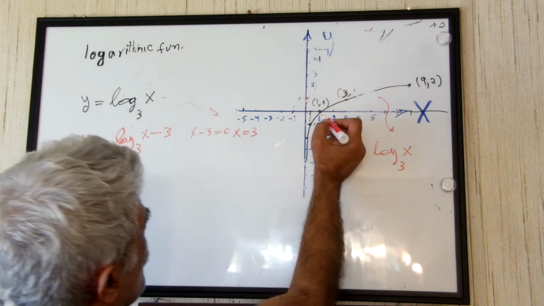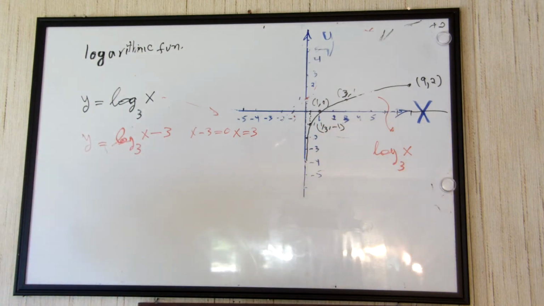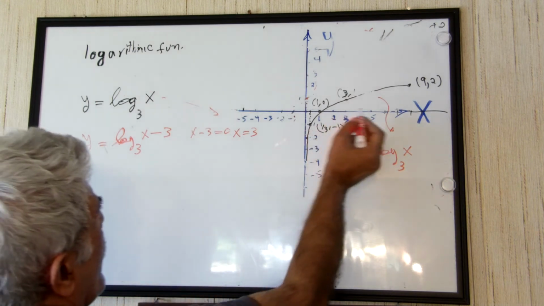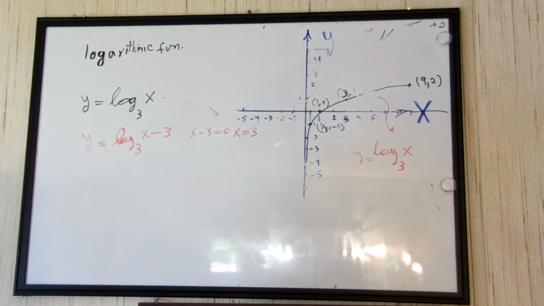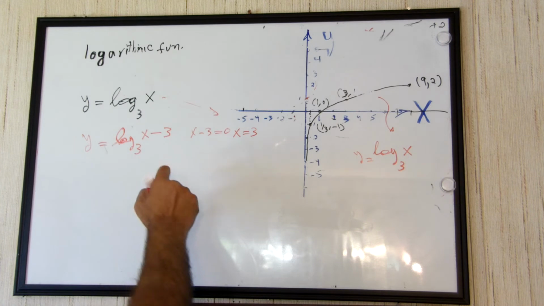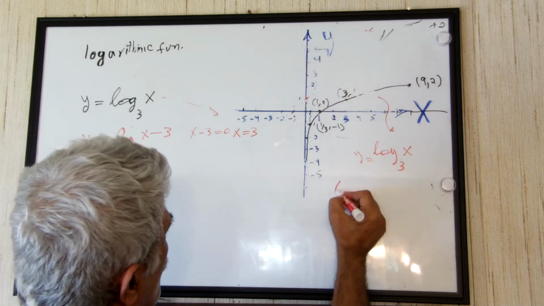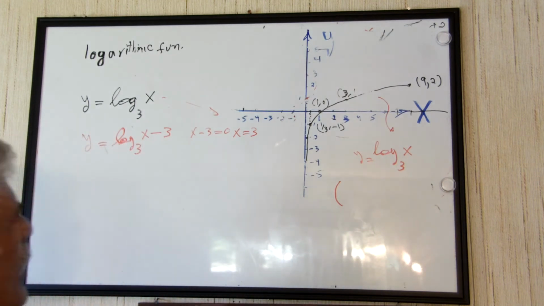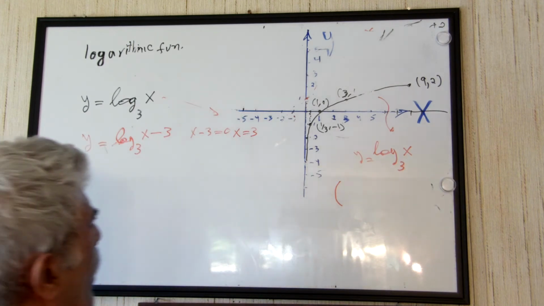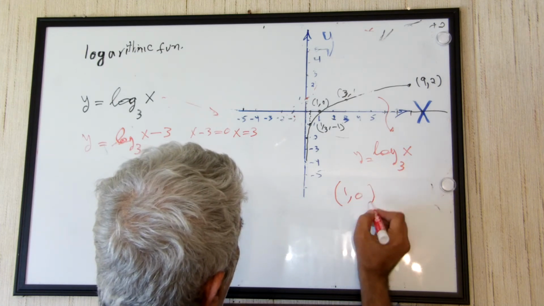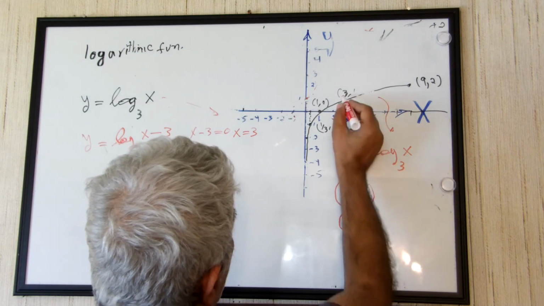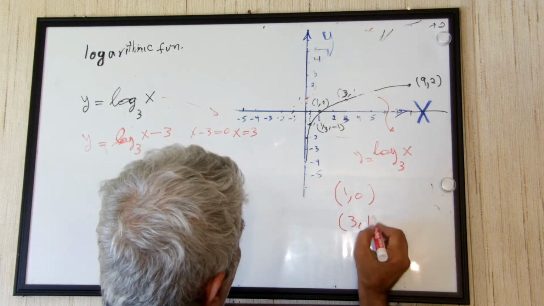See, we choose 2 points here on this log. This is y is equal to log of this. If we choose 2 points, 1 and 0, and the other point, this one, 3 and 1.